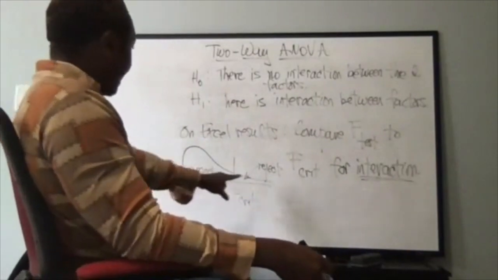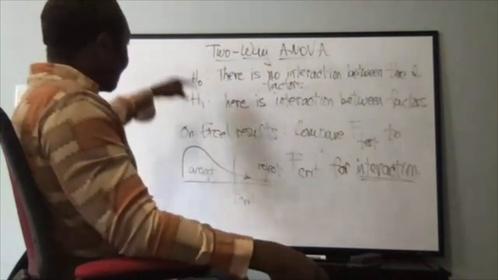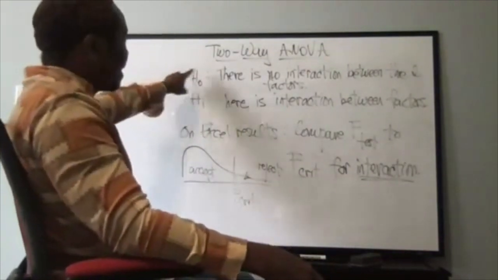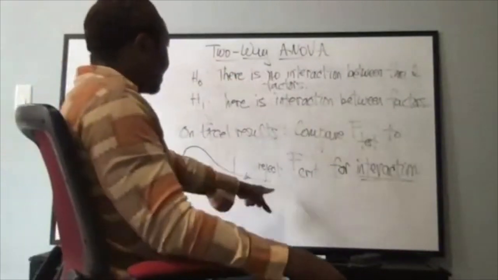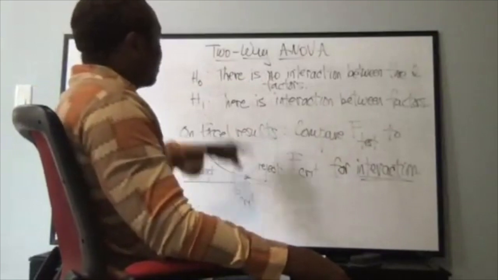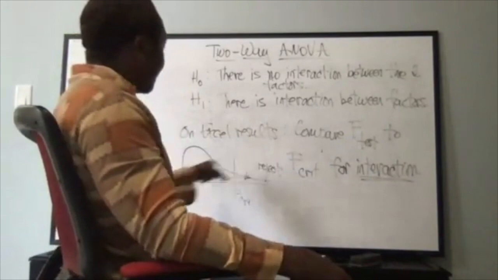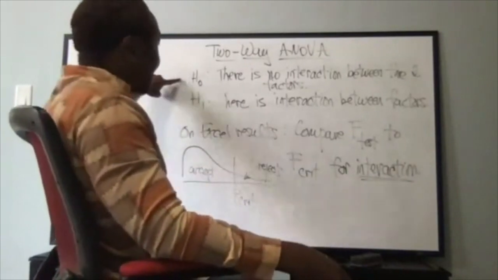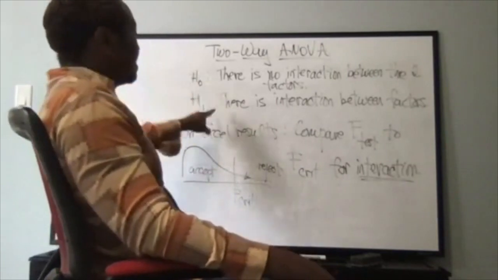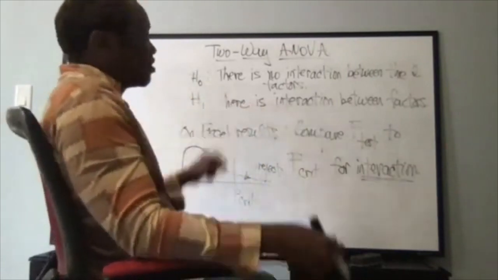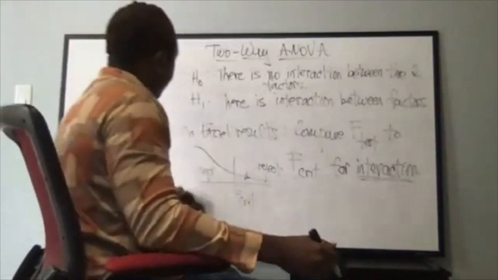Clearly, if the F test is on this side, we accept H0: there is no interaction between the two factors. If it's on this side, we conclude that there is interaction between the two factors. This accept or reject is telling you whether to accept or reject H0, right? So if you reject H0, that means that interaction is in play. Let me say this.